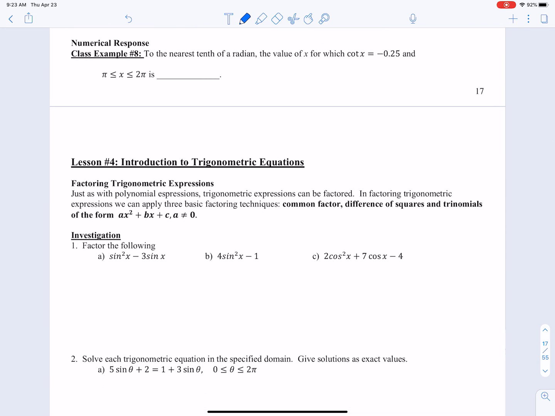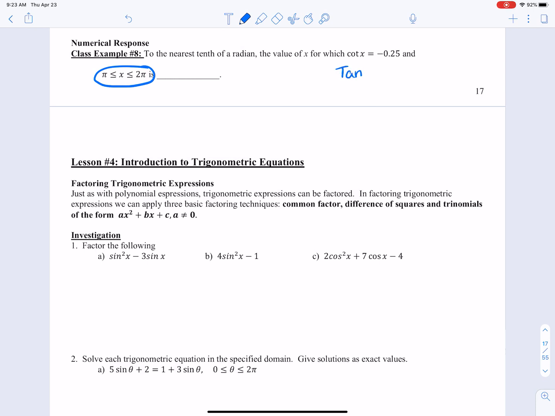All right, numerical response number 8. To the nearest tenth of a radian, the value of x for which cotan x is equal to negative 0.25. That's worded a little awkwardly, is. So within this domain, let's take a look.